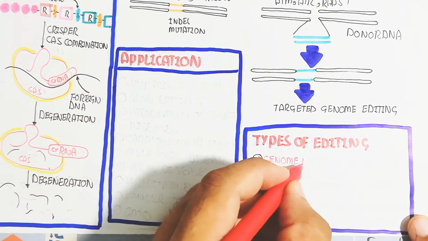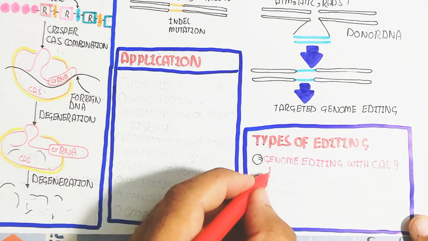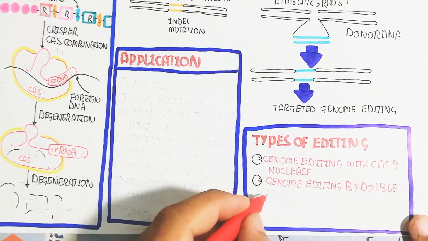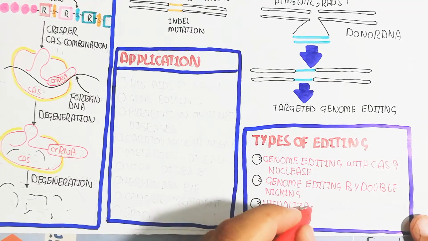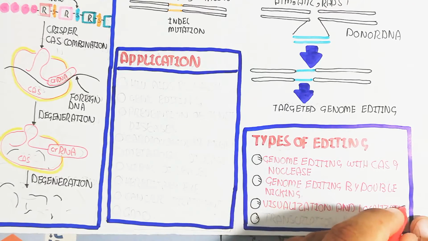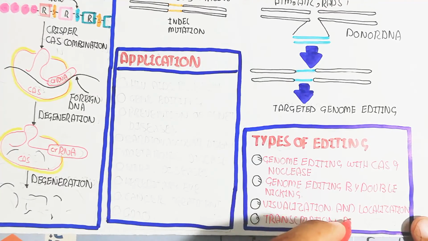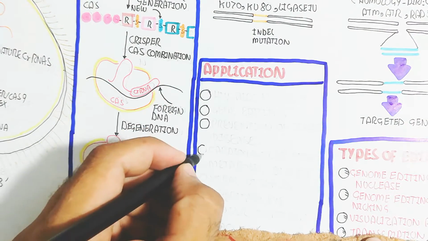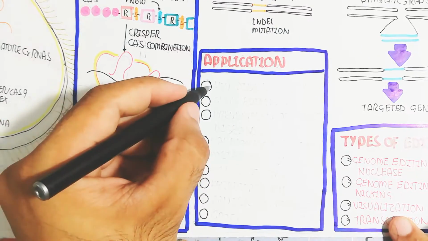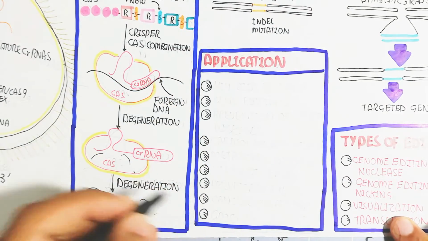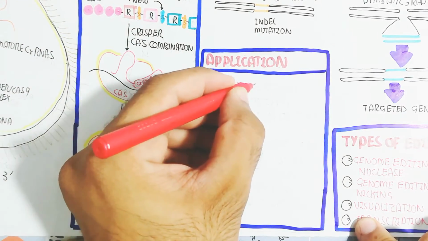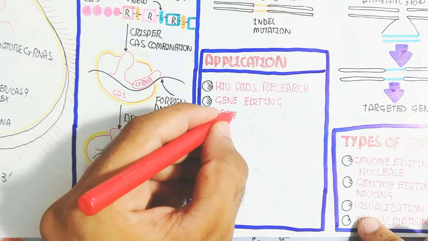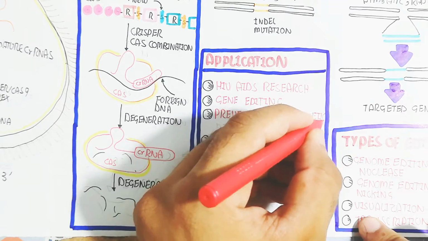So what is the application of CRISPR-Cas9? Basically, the types of editing are genome editing with Cas9 nuclease, genome editing by double nicking, visualization and localization, and transcription and regulation. These are the different types of editing, while the applications are HIV/AIDS research, gene editing, prevention of genetic diseases, and cardiovascular diseases also.